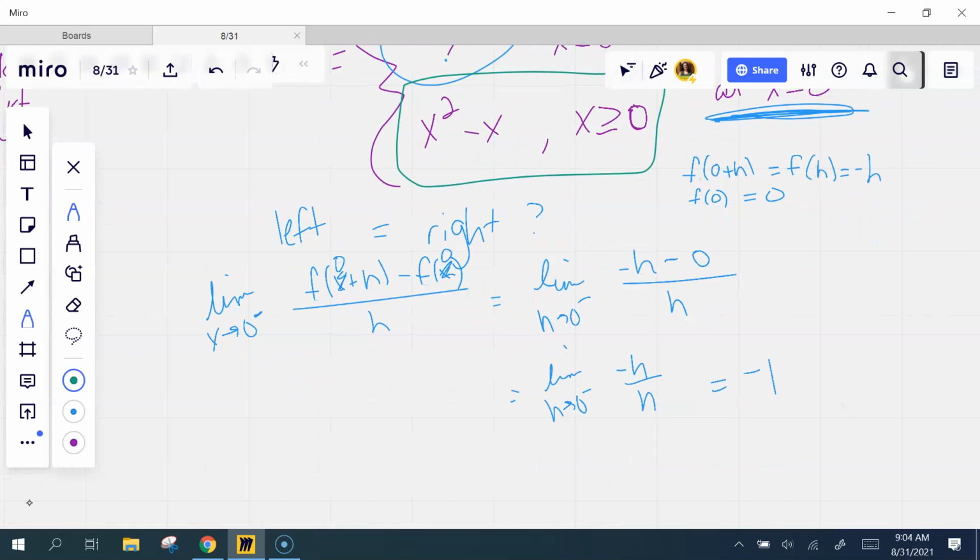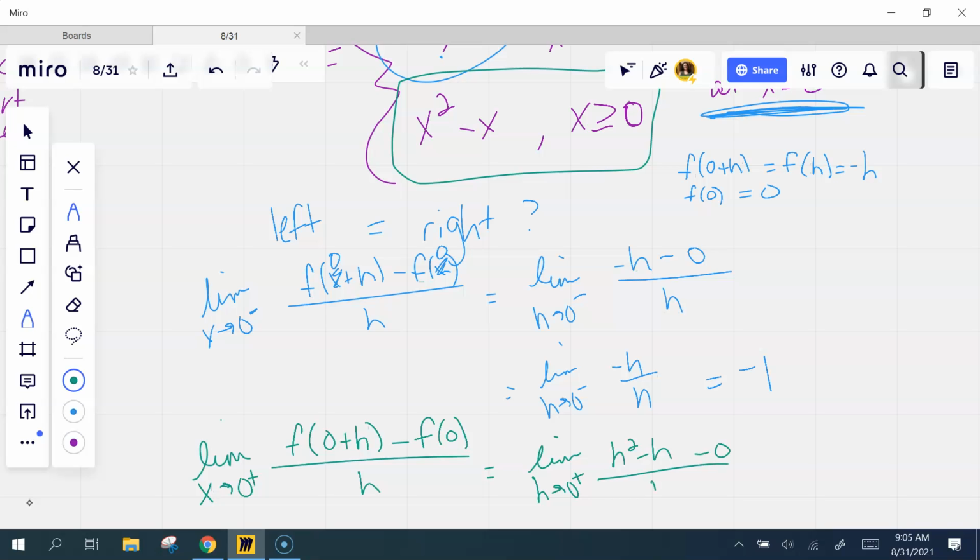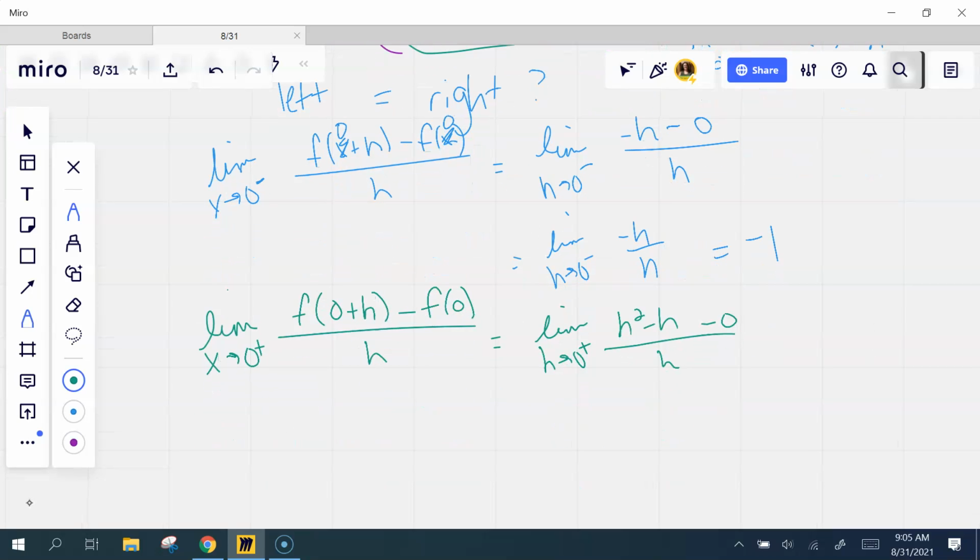So f of h, which is what we were hoping, right?